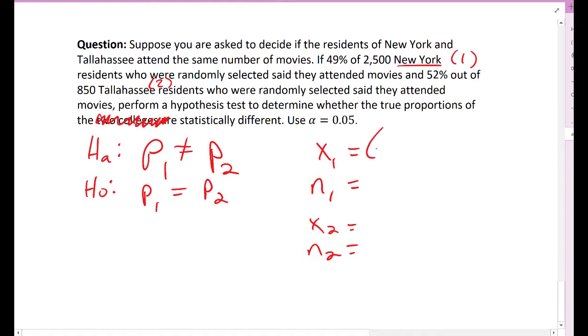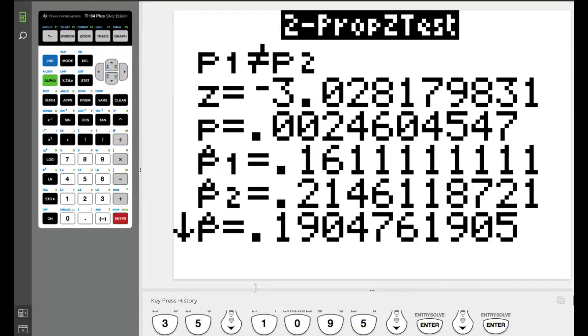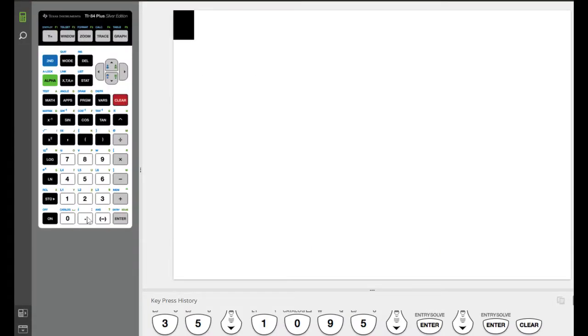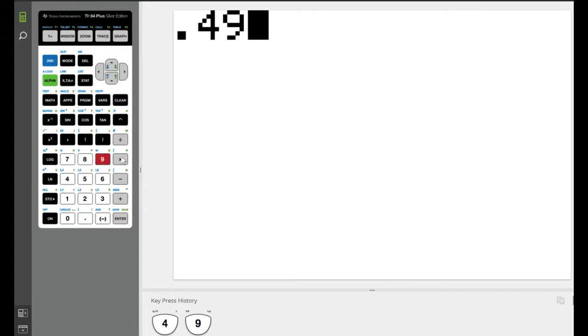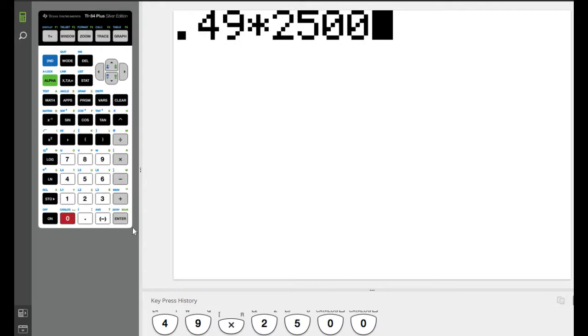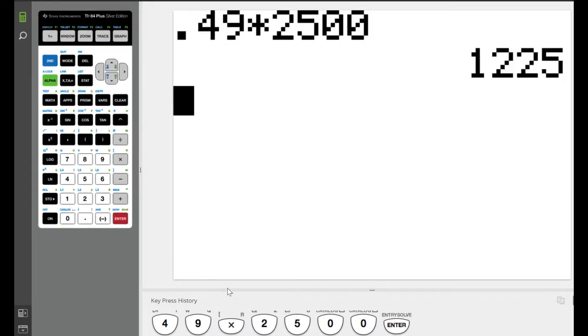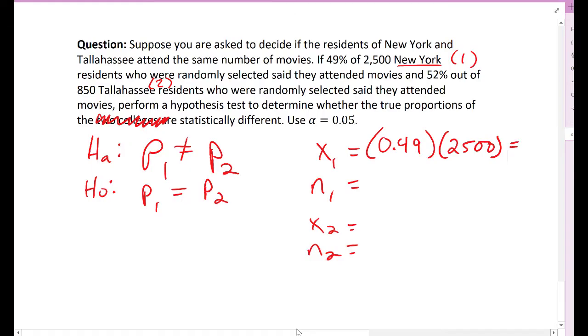AKA, that means that we have to take, remember, convert percents to decimals, 0.49, multiply it by 2,500. I have no idea what that is. Let's see, 0.49 times 2,500. 1225. So our X1 is 1225.